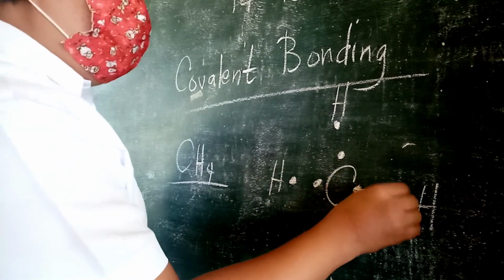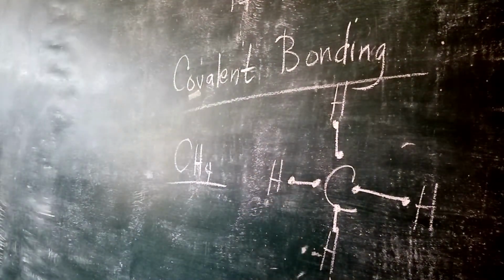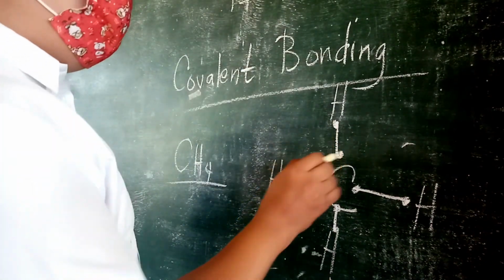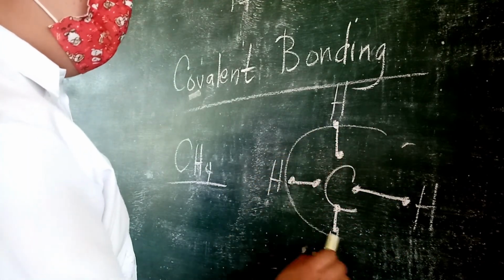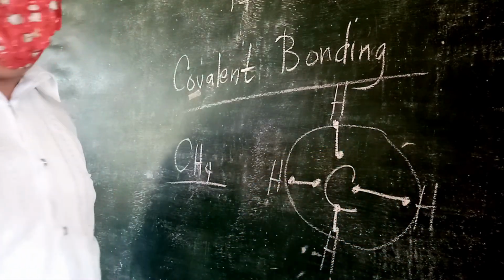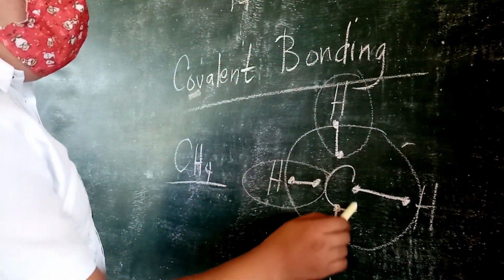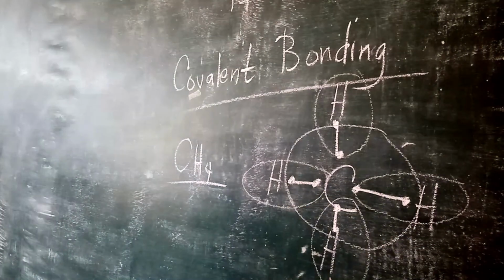Therefore, if we count, the carbon now has 8 electrons. 1, 2, 3, 4, 5, 6, 7, 8. Making it stable. Then hydrogen is stable as well. The 4 hydrogens are stable. That is all about covalent bonding.